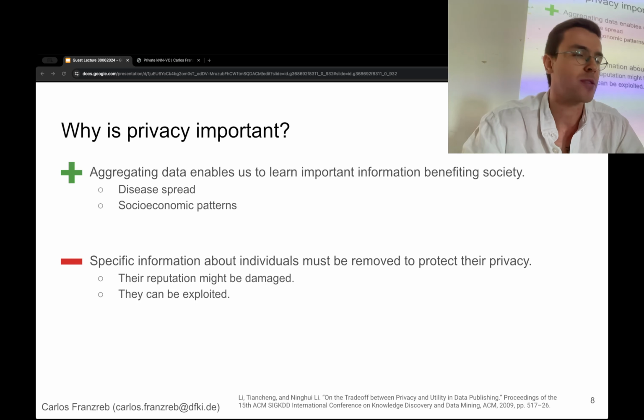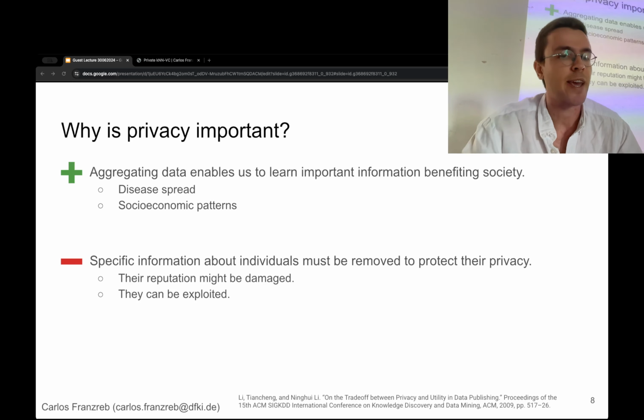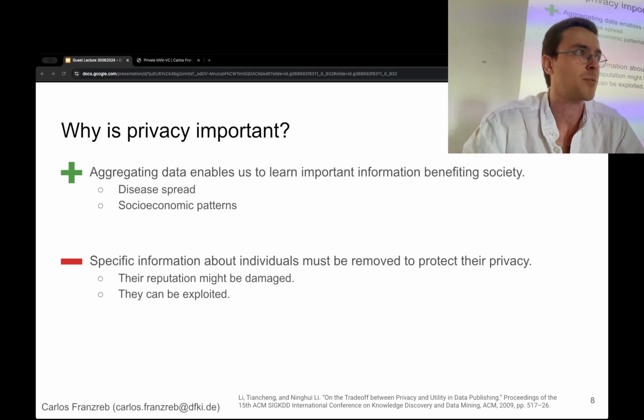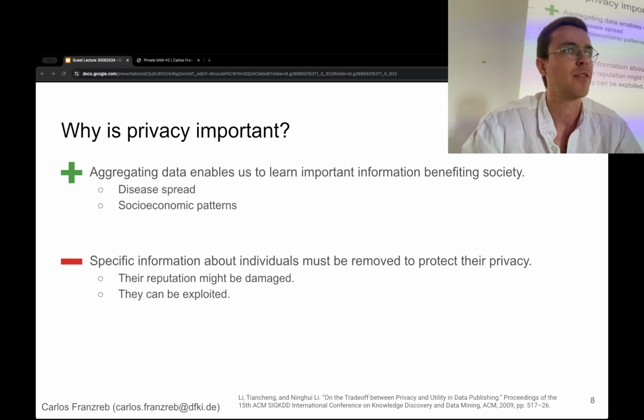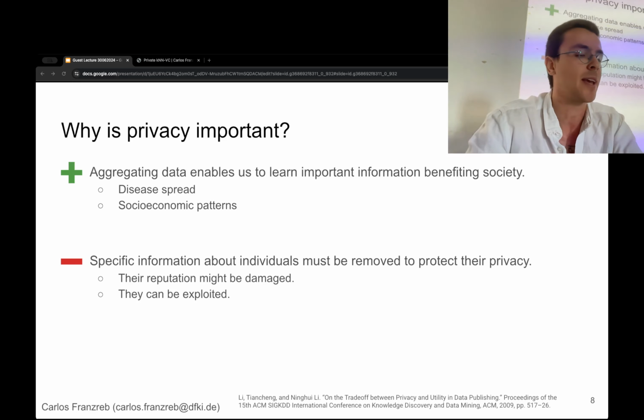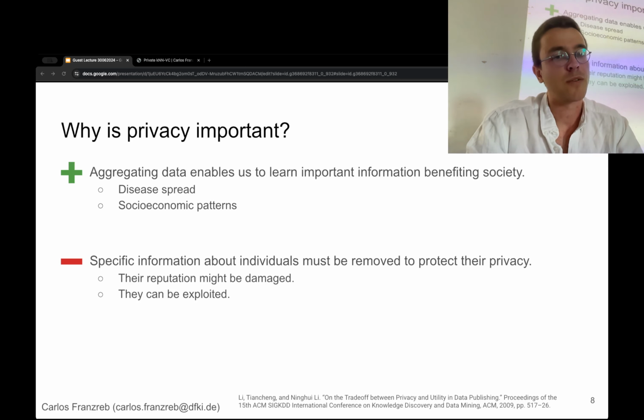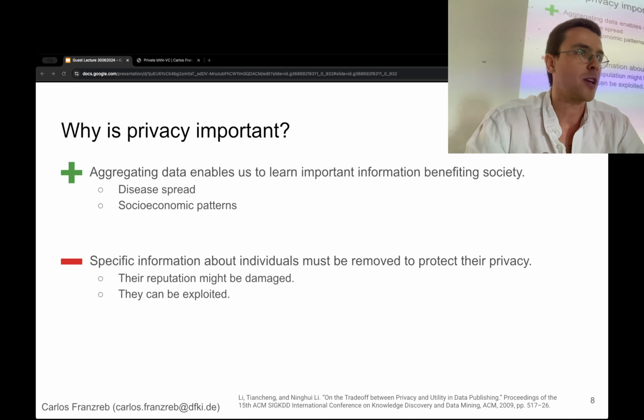And there are also examples in economics on how to explore at a societal level how different measures and regulations benefit society. And this can only be done if we all contribute our own data to form an aggregated data set that can be used for this kind of purposes. But of course, this has to be done in a way that it does not violate the privacy of each individual.